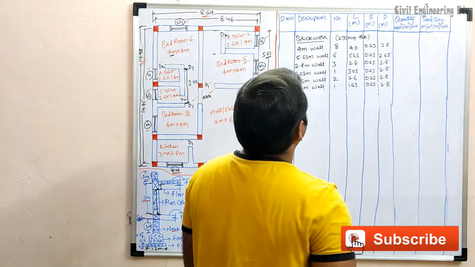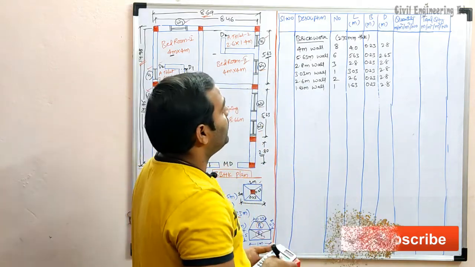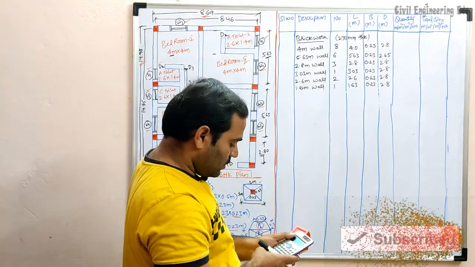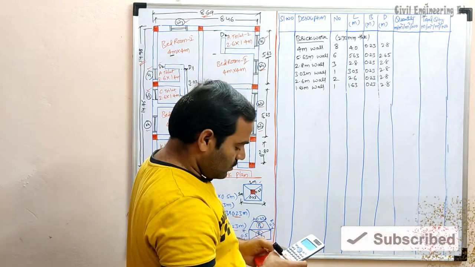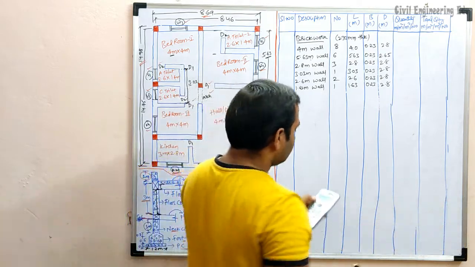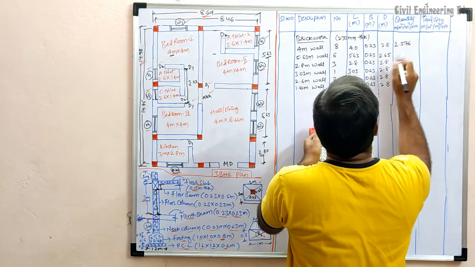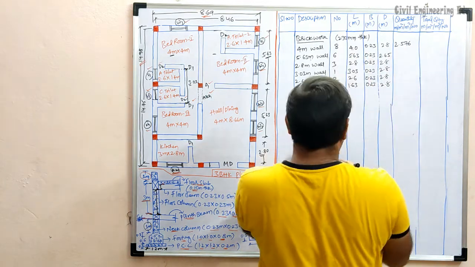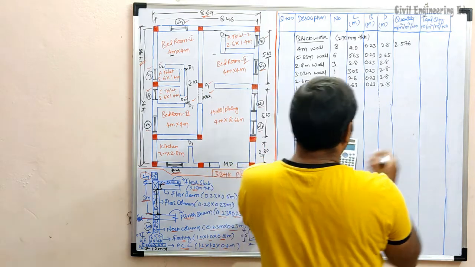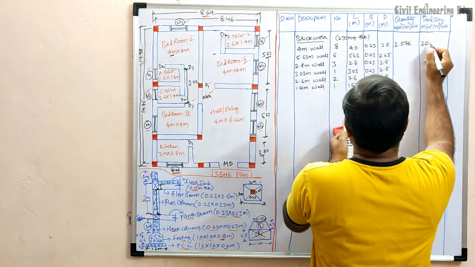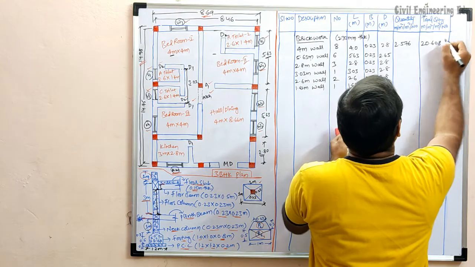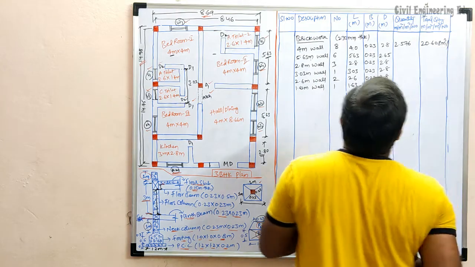So in case of total quantities, 4 meters, 4 into 0.23 into 2.8 meters. So here I got 2.576 meter cube multiplied by total 8 walls. So 20.608 meter cube.